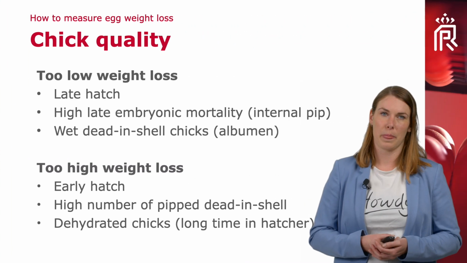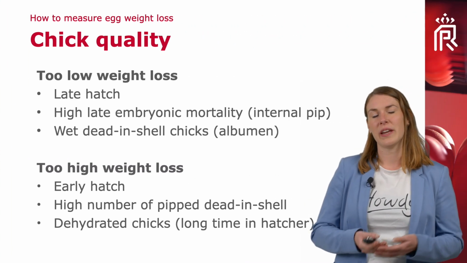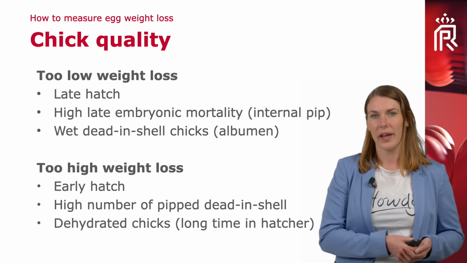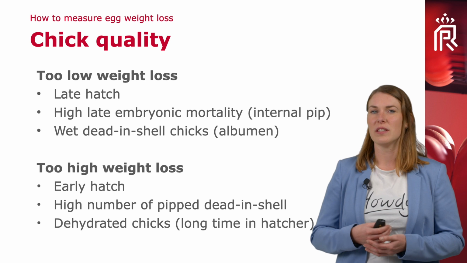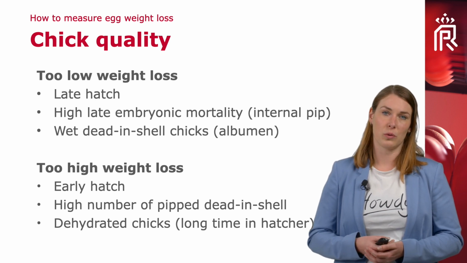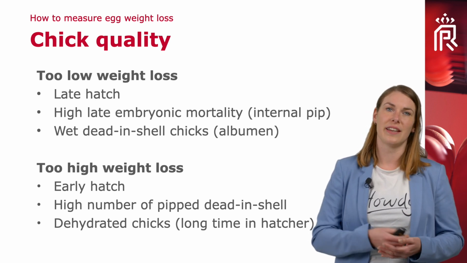Now another way to look at egg weight loss, how to determine whether your egg weight loss is correct, is through chick quality. I've said it before, we can actually have too low egg weight loss or too high egg weight loss. And some things that we would see with too low weight loss is actually a late hatch.